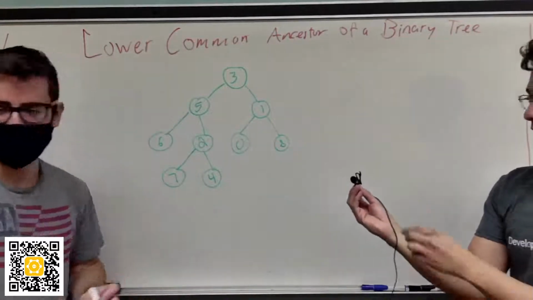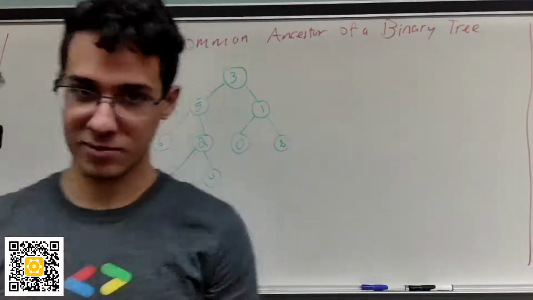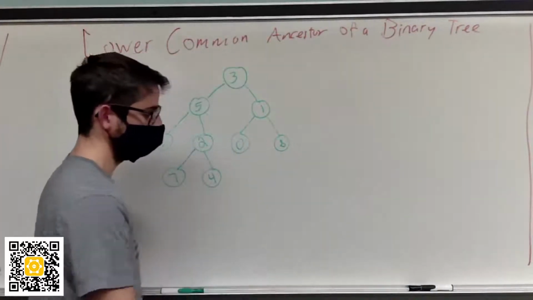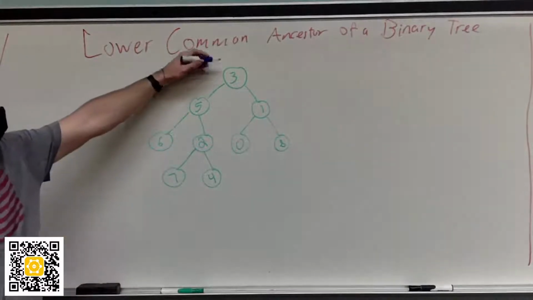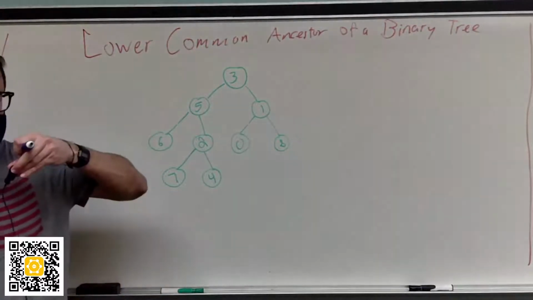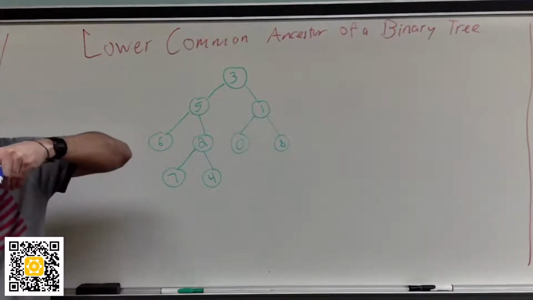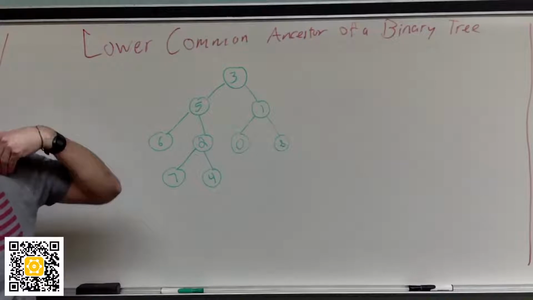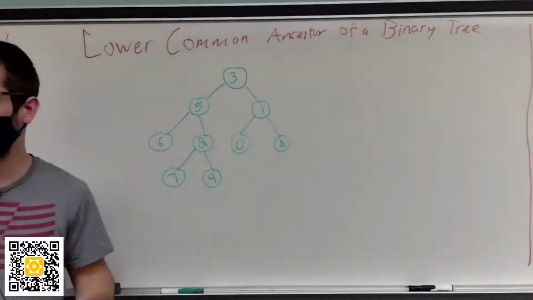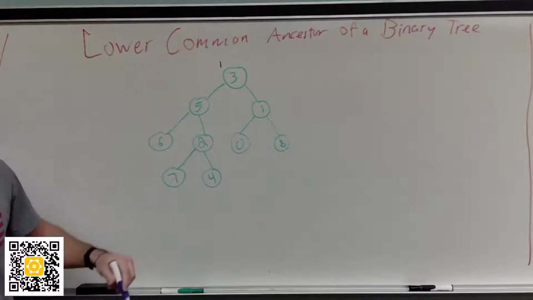Okay, so let's say this is your tree. There's actually a pretty cool trick on how to solve this question pretty easily. Every time you visit a node, you want to mark it with a value. So this 3, I'm going to mark it as 1.